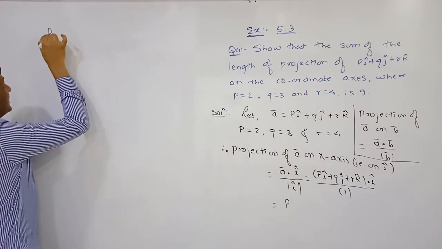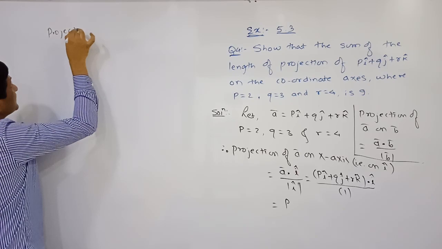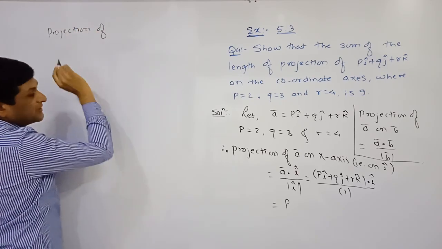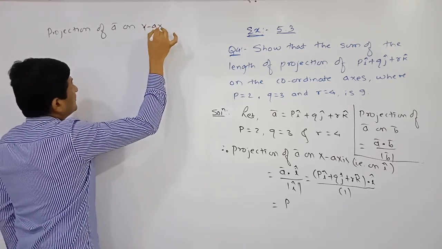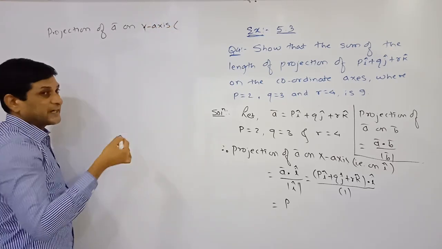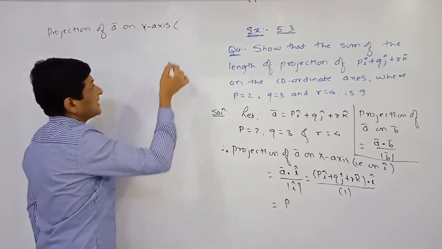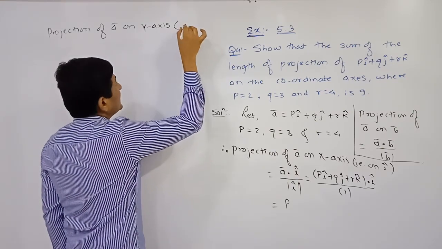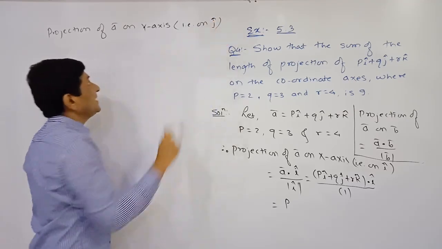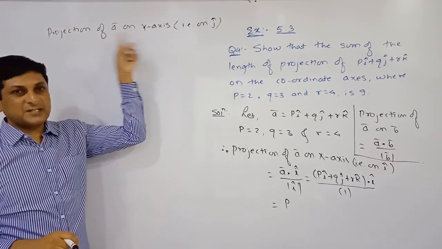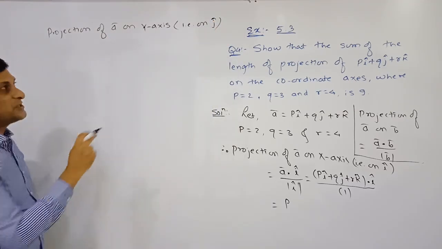Using the same method we find the projection of A bar on the y-axis. Y-axis means, which is the unit vector along the y-axis? The unit vector along the y-axis is j cap, that is, on j cap. Means finding the projection of A bar on the y-axis means the projection of A bar on j cap.